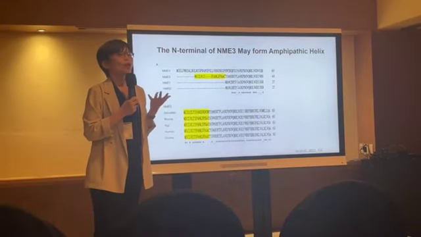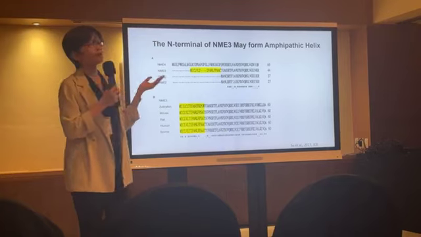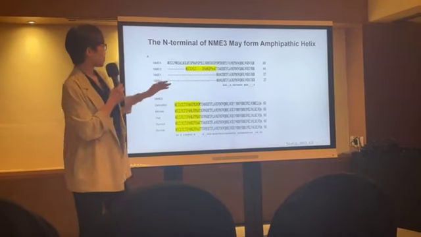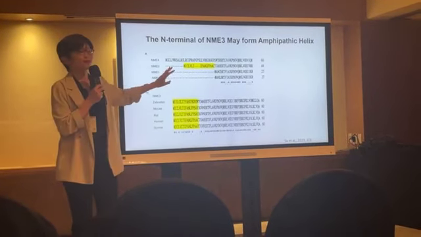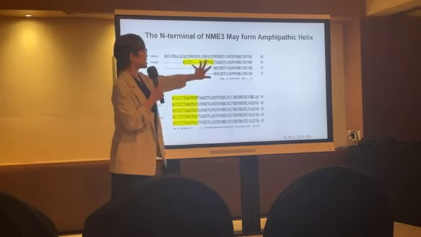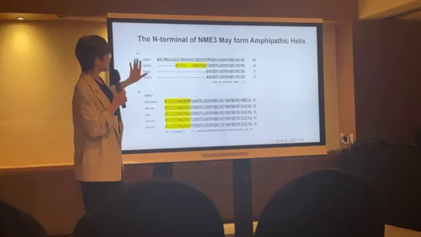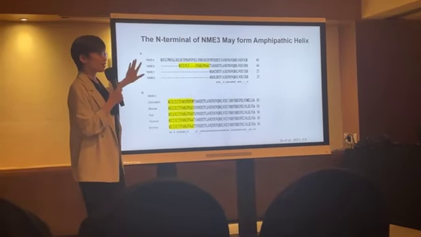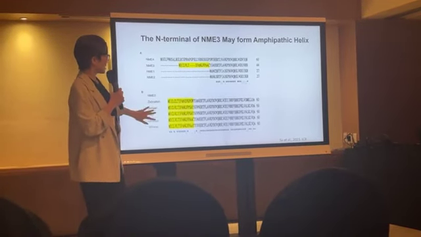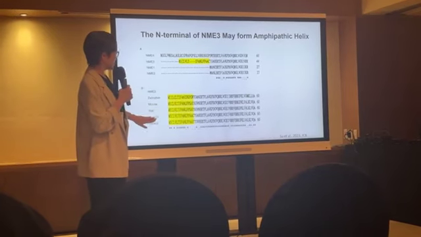So we wondered what exactly is the mechanism by which NMD3 promotes mitochondrial fusion. When we looked at the sequence of NMD3, we found a very unique sequence at its N-terminus. First, it is unique among other members of the superfamily. Secondly, it is very conserved from mouse to human.